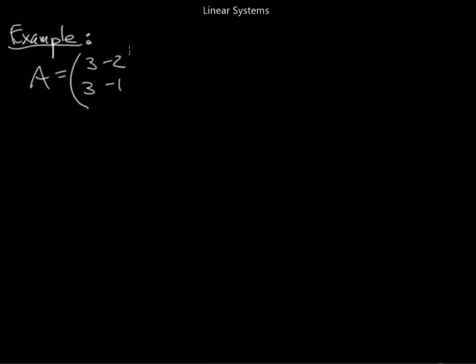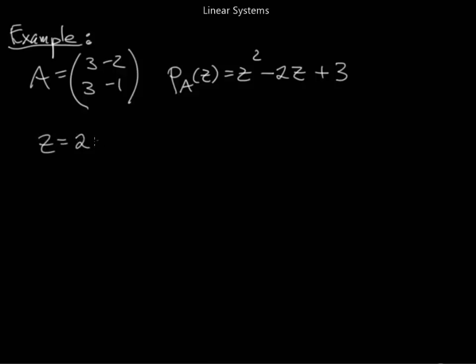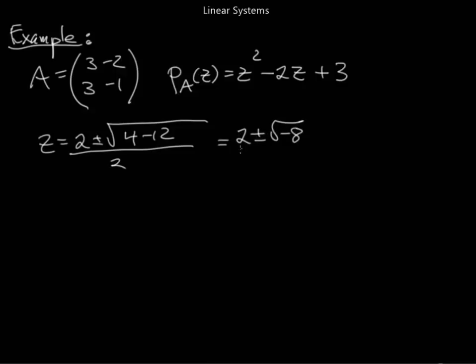Let's take A to be this matrix, 3, minus 2, 3, minus 1. So its characteristic polynomial is z squared minus 2z plus 3. And let's see, what is that? The quadratic formula says 2 plus or minus the square root of minus 8, which is to say 2 plus or minus i times the square root of 8, all over 2.